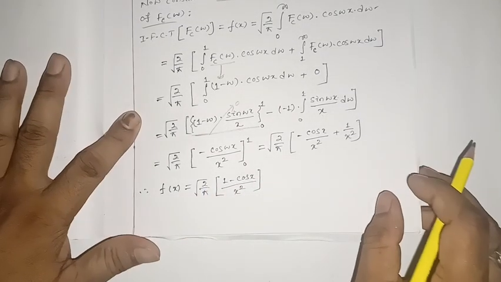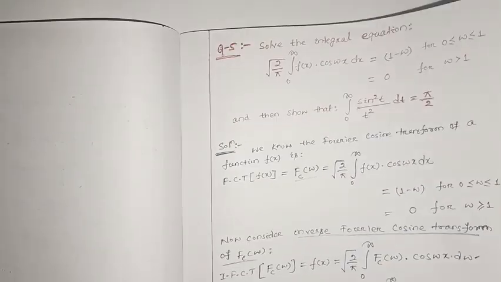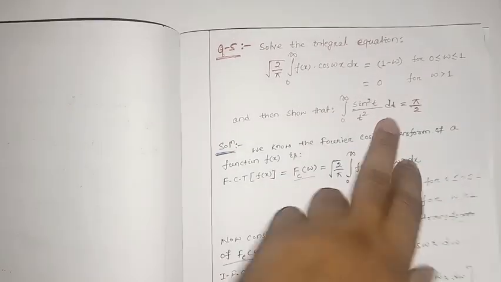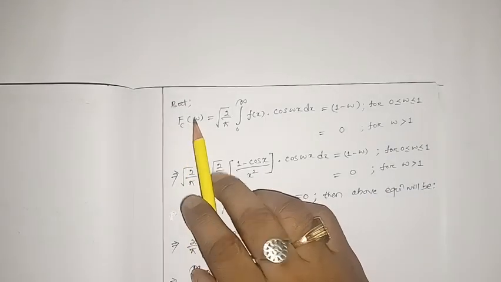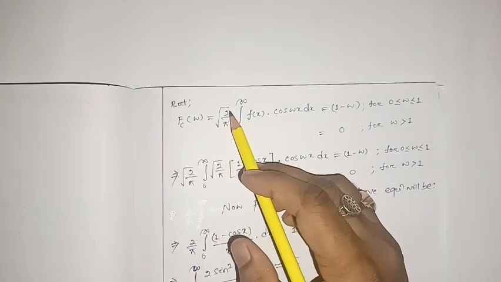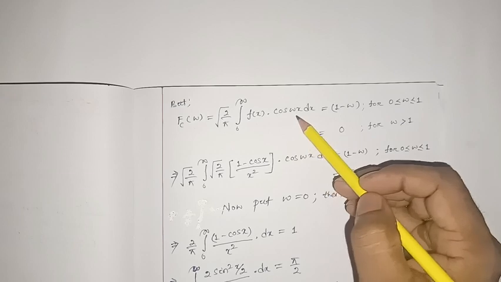Here we found the f(x) value, but we have to prove that the integral of sin square t by t square dt equals pi by 2. The Fourier cosine transform of a function f(x) is written as 2 by pi root over, 0 to infinity, f(x) cos omega x dx.